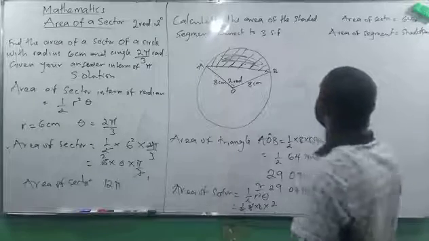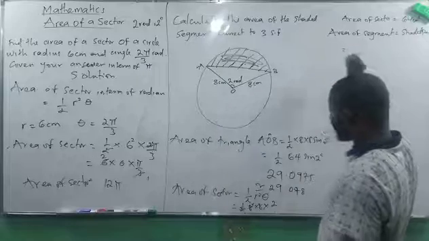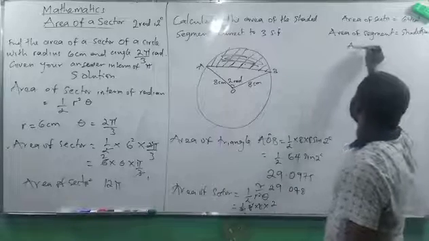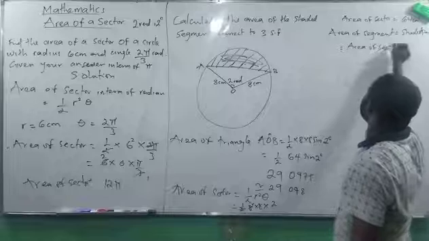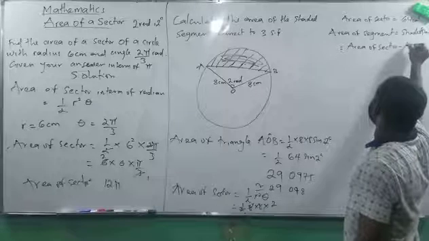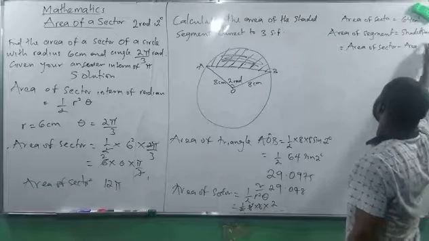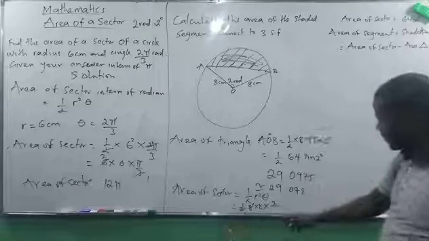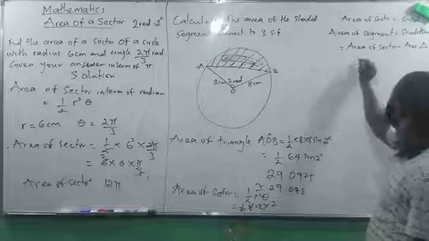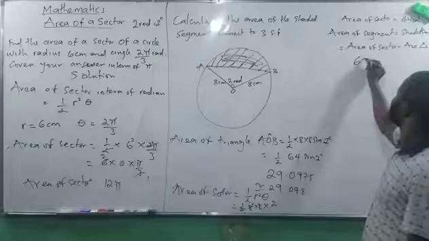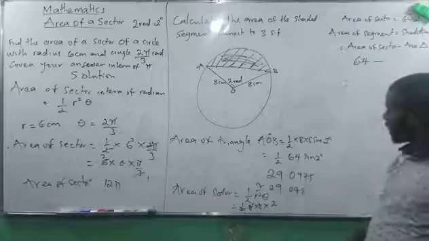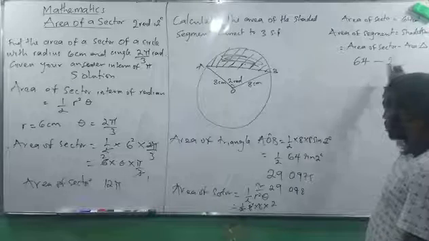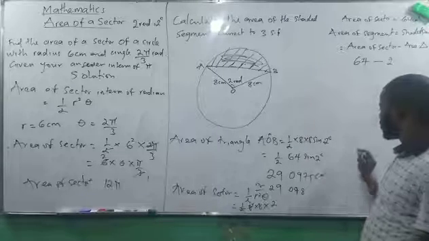Now, it means I'm saying that area of a sector minus area of triangle. Since I have that, what is my area of a sector? Area of a sector is 64 minus area of a triangle, which will be 29.098. This is centimeter squared also, please.